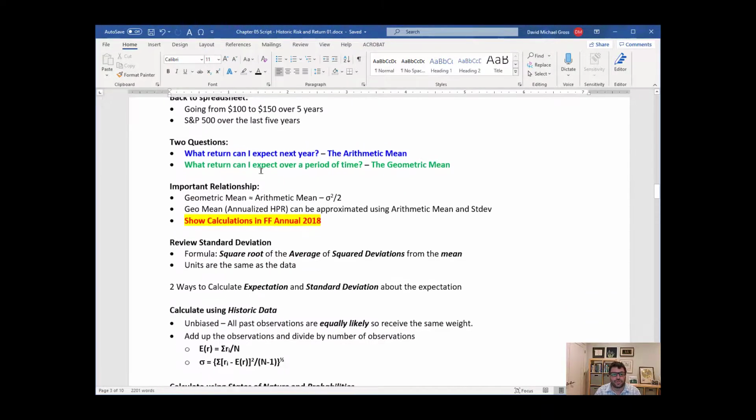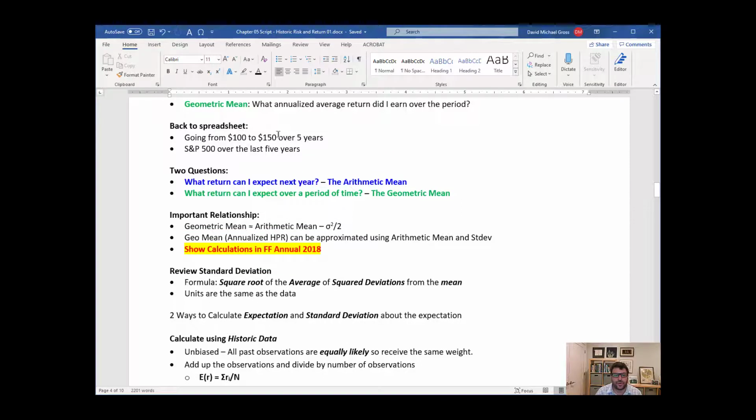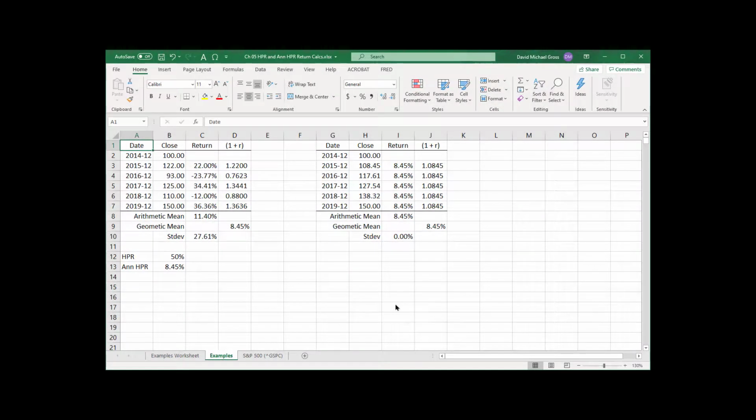So back to our original spreadsheet, and we can look at the 100 to 150 over 5 years, and then the S&P 500 over the 5 years. And let's just look at this in the context of the geometric average and the arithmetic average. So this is the $100 to $150 over the 5-year period.